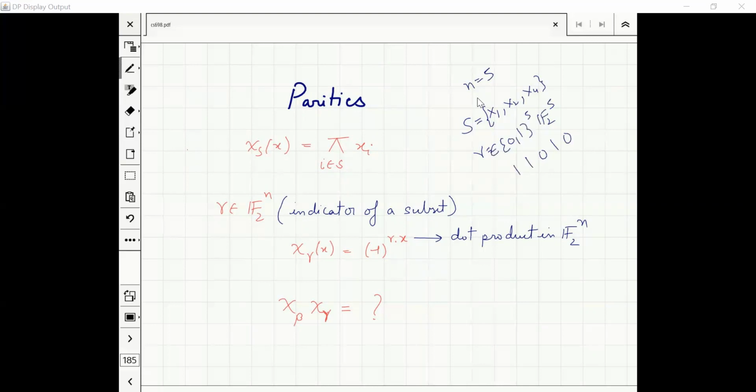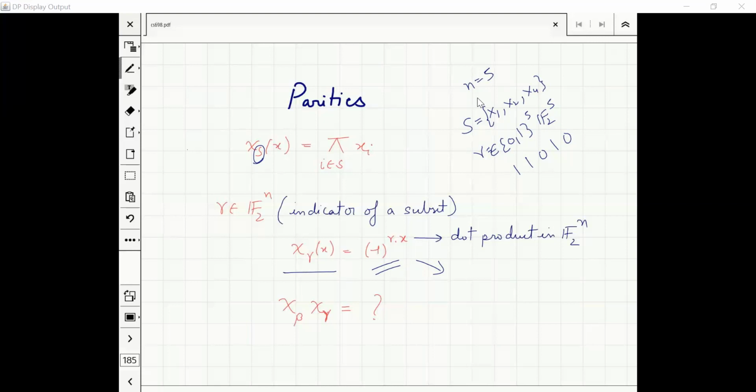So any gamma element of F2 to the power n can be thought of as a subset. And now when we talk about parities, instead of talking about S, I can talk about gamma, and instead of the product of xi, I can talk about this. This is exactly if you had converted your 0, 1 F2 values into 1, -1. So this is the same parity function, but now my input x is a 0, 1 vector in F2 to the power n.